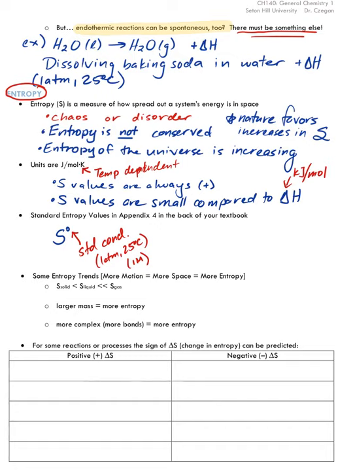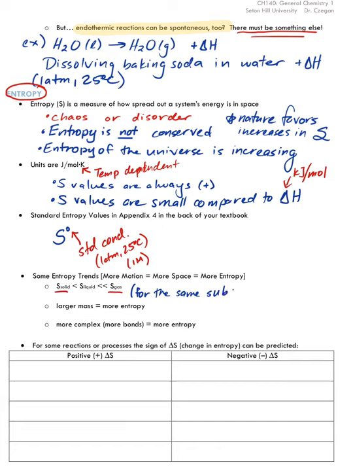The solid with the least amount of motion is going to have the lowest entropy. The gas, which has way more motion and way more space, has way more entropy. So we can generally say that a solid has less entropy than a liquid, has less entropy than a gas. And this is assuming we're comparing the same substance.